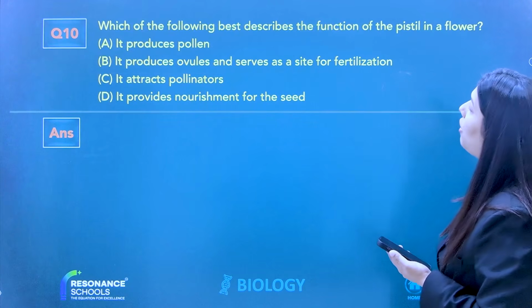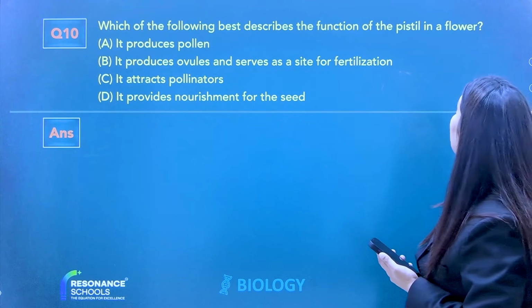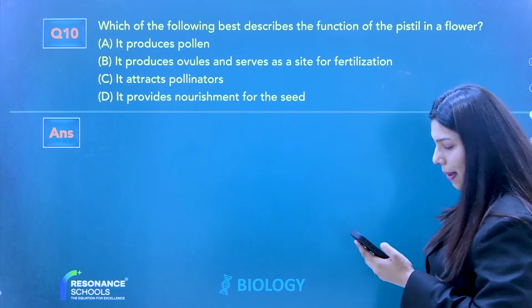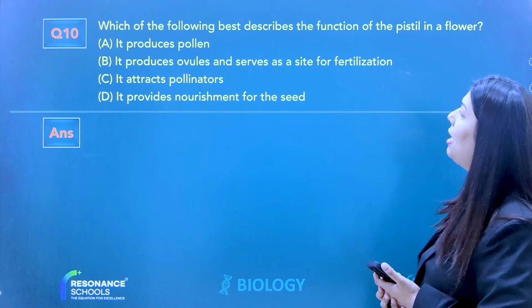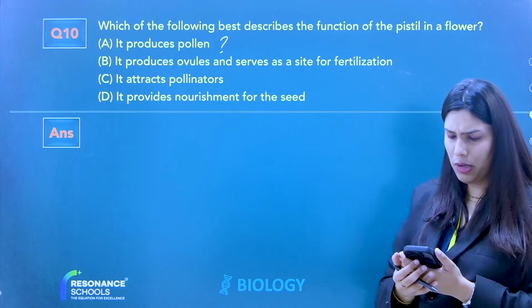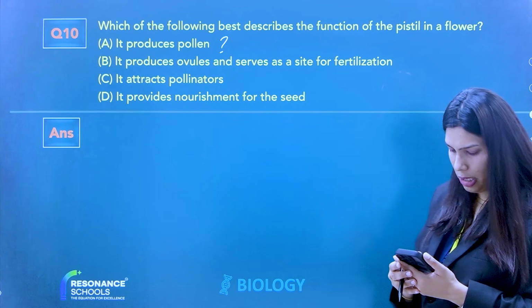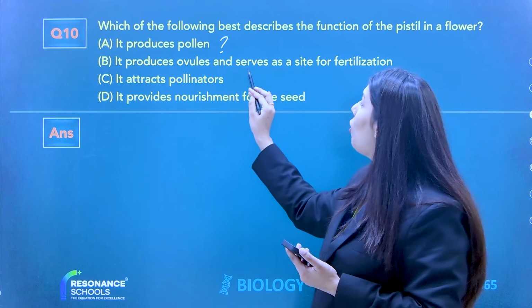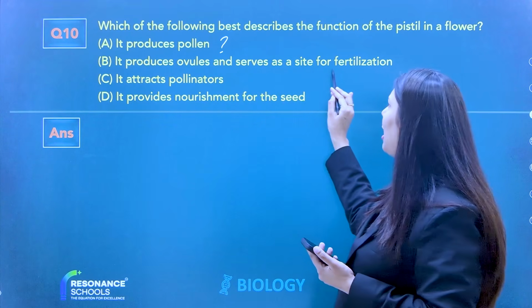Which of the following best describes the function of the pistil? Does it produce pollen grain? Pollen grain is produced by the stamen. It produces ovule and serves as the site of fertilization.